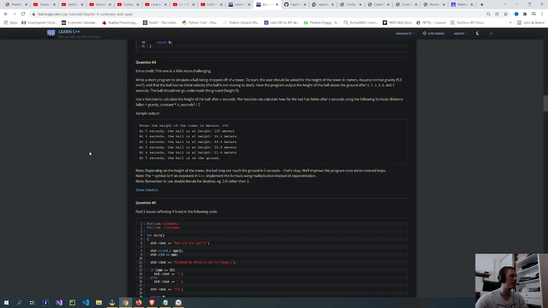The ball should not go underneath the ground, height 0. Use a function to calculate the height of the ball after x seconds. The function can calculate how far the ball has fallen after x seconds using the following formula. Distance fallen equals gravity constant times x seconds to the power of 2 divided by 2.